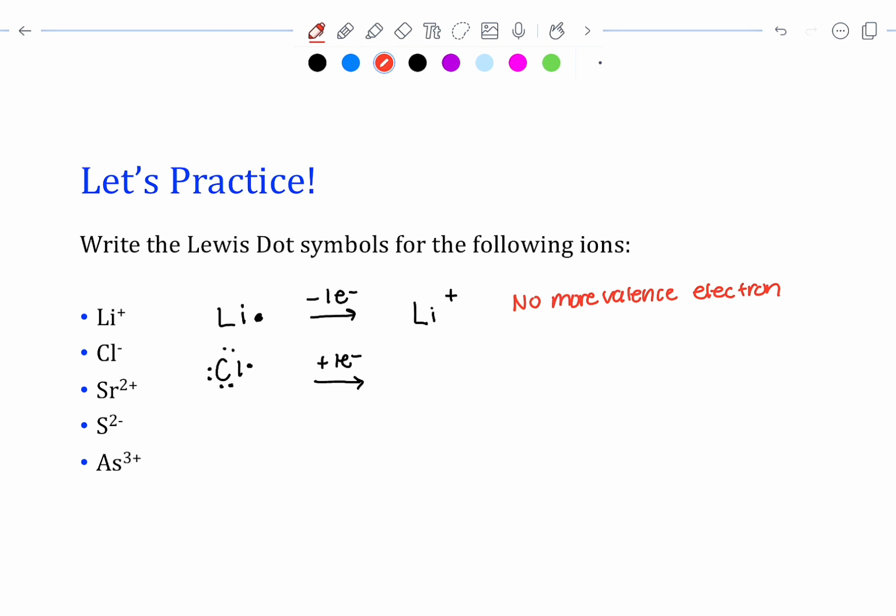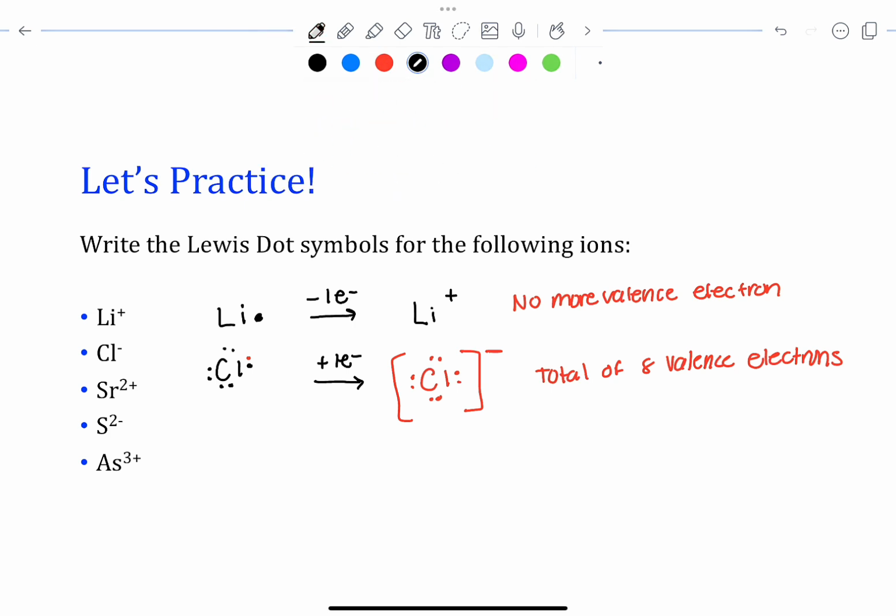So we're going to add that last electron right onto the Cl. So we get Cl with 8 dots around it, and we put that into brackets with a minus charge on the outside. So now we have a total of 8 valence electrons, just like a noble gas.